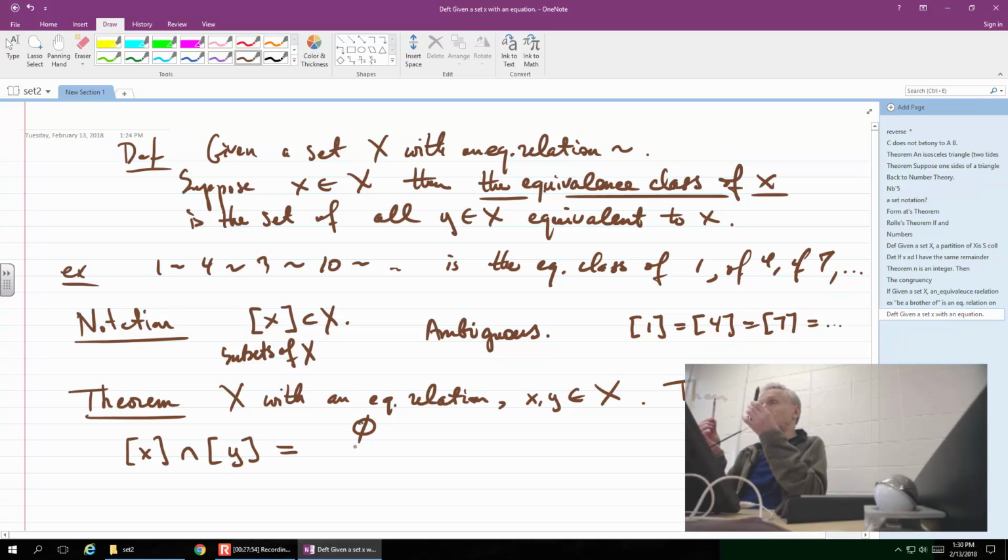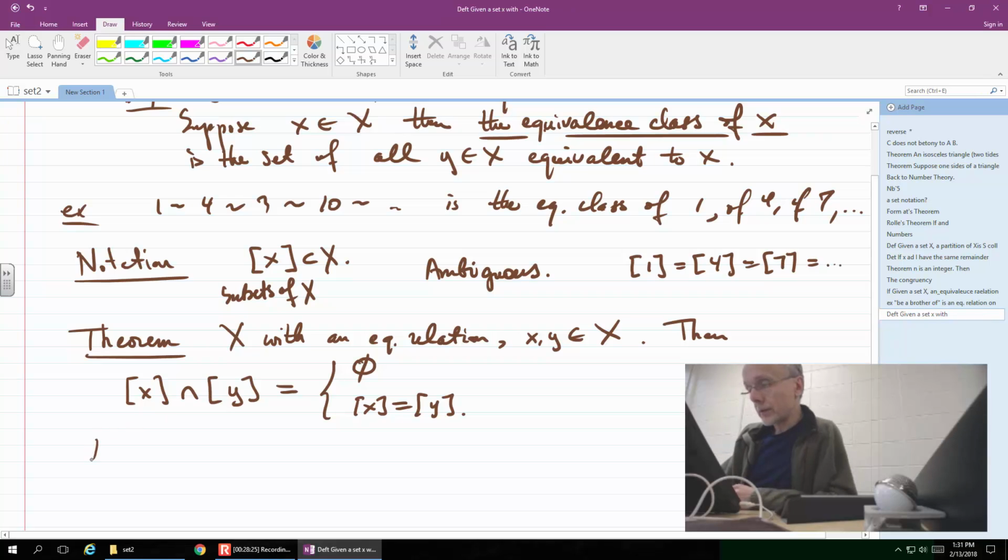So either x and y are not parallel, and then there is nothing in common in the two classes, no element that is parallel to both of them. And secondly, if x and y are parallel, then they belong to the same class. The intersection of the two classes is the class itself. So the second possibility is that the classes are equal.